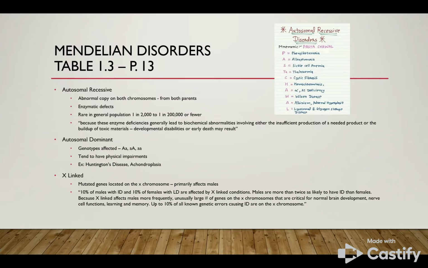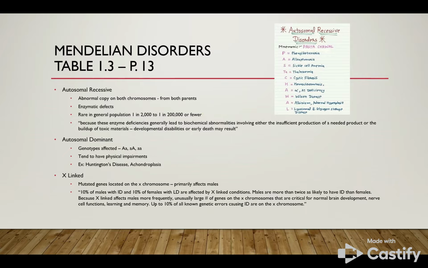This is where we have a lot of enzyme defects that come into play. It is rare in the general population, extremely rare, 1 in 2,000 to 1 in 200,000 or fewer. Because enzyme deficiencies generally lead to biochemical abnormalities involving either insufficient production of a needed product or the buildup of toxic materials, these lead to developmental delays or possible early death.